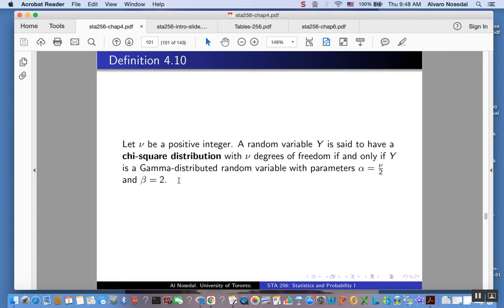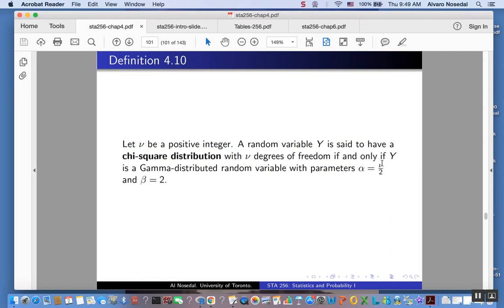And what we have for that particular case is that beta is equal to 2, and then the parameter alpha is going to be expressed as another number, nu, divided by 2. And nu represents the degrees of freedom for the chi-square distribution.